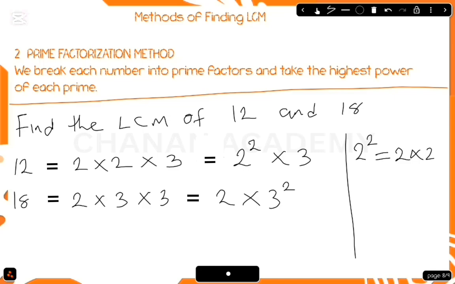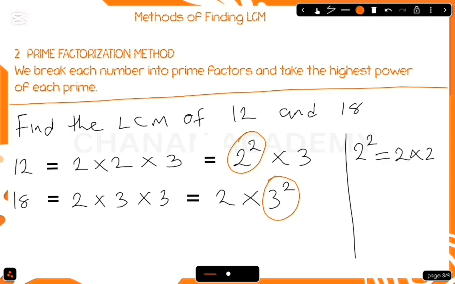All right, so let's see what the prime factorization method says. It says we break each of these numbers into prime factors. So we've broken them into prime factors, and we take the highest power of each of them. So this and this is our answer.